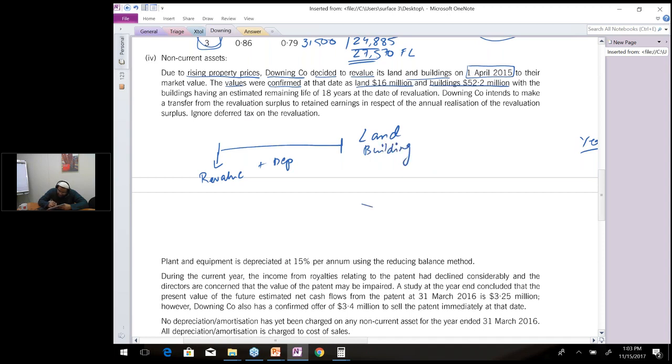With the building having an estimated remaining life of 18 years at the date of revaluation, Downing Company intends to make a transfer from revaluation surplus to retained earnings. So we will be making another entry, revaluation reserve debit, retained earnings credit, in respect of annual realization of the revaluation surplus. Ignore deferred tax on the revaluation.